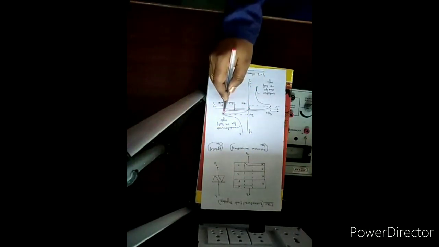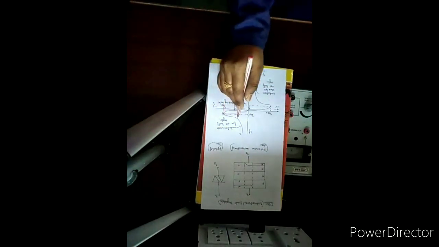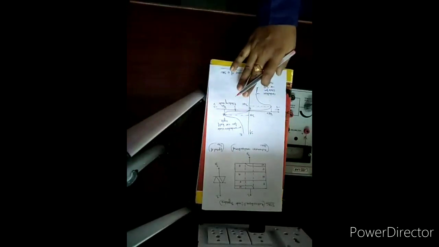Once you reach the breakover voltage, current flows through it and the voltage decreases. Again I repeat, students, once the device starts conducting, the current flowing is very high, which has to be limited by some external resistance. So in the experiment, students, you will see the part where the external resistance is used.